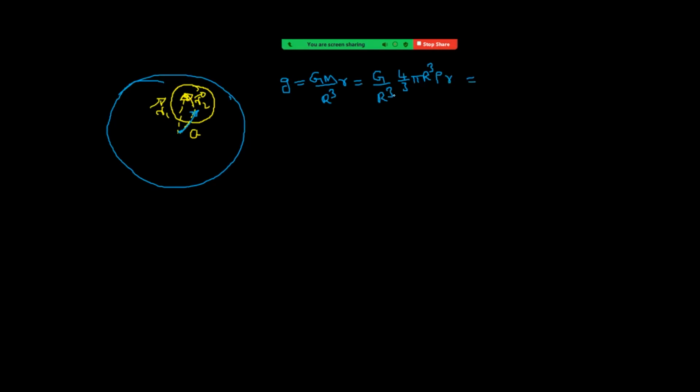See what we are going to do: R cube gets cancelled. 4 by 3 pi G rho r. Okay. This is now the strength of the field inside a solid sphere, where r is the distance from the center.